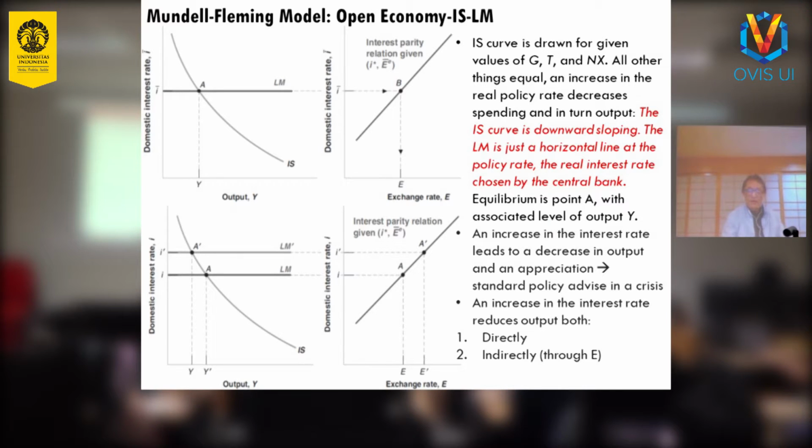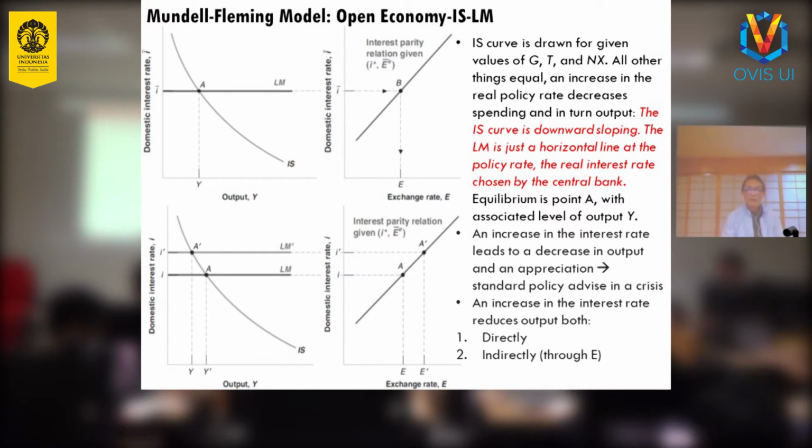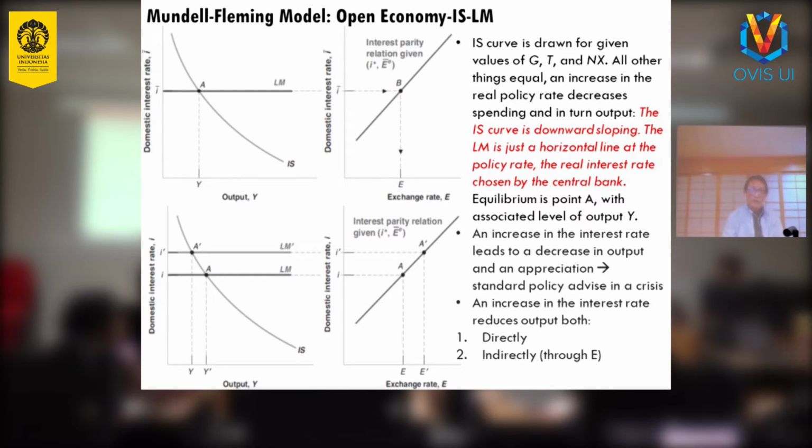So, by the way, that reminds me, you have to be very careful when someone mentions the exchange rate. Sometimes they talk about local currency per foreign currency, like how many rupiah per US dollar, but sometimes they use the opposite one. How many US dollars per local currency, okay? Now, in this chart, basically it is the second one.